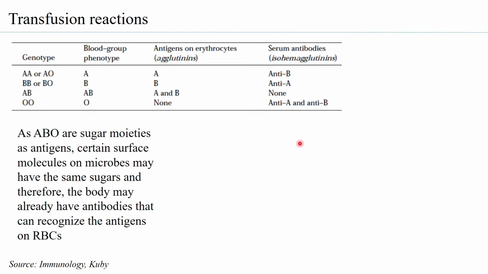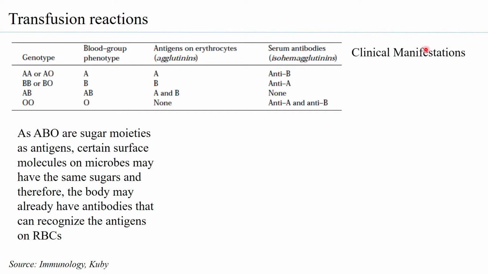And because the sugar moieties are more or less similar, the antibodies that have been formed against a particular microbe can also cross react with the RBCs that are coming from the person who has blood group B. So therefore, the understanding is that the microbes may have the same sugars, and therefore the body may already have antibodies that can recognize the antigens present on the transfused blood. This is something that has been observed.